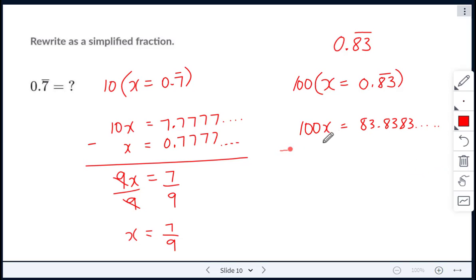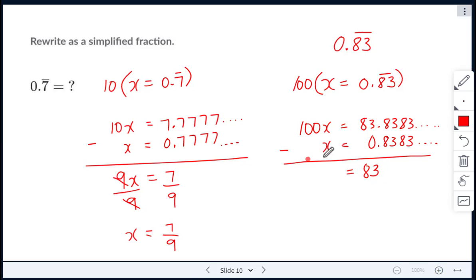And we're going to subtract that from our original equation, which was just x is equal to 0.8383, and so on. When we start subtracting, you'll notice all of these will become 0, and then 83 minus 0 is just 83.